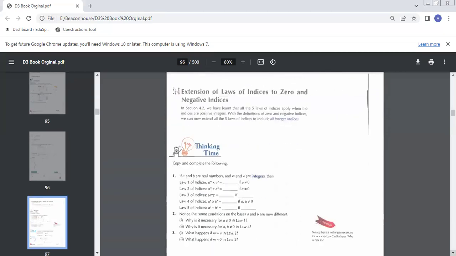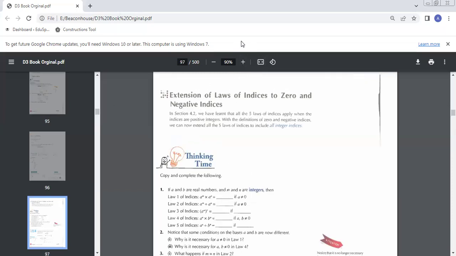So let me introduce some of the rules of indices related to zero and negative indices. At first, rule number one: whenever any number or any variable has a power zero, it is equal to one, the number one.